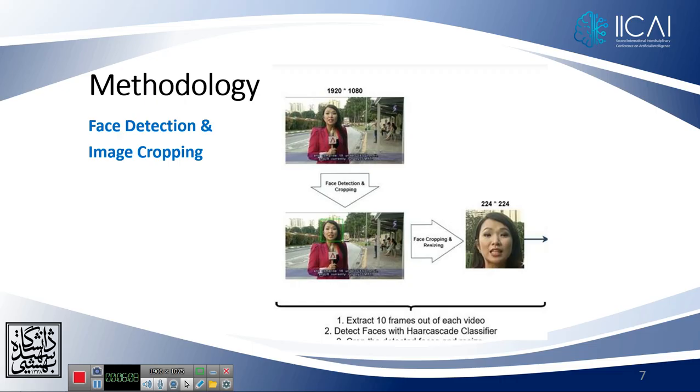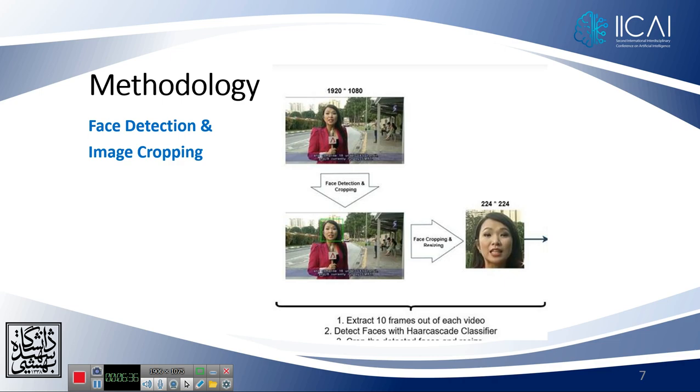This detector is effective across varying lighting conditions, poses, and scenes. Here's the process we did. Each frame is converted to grayscale. Then the classifier scans the image and returns bounding boxes around the face. We crop the image to these bounding boxes, and then we resize them to a uniform size.